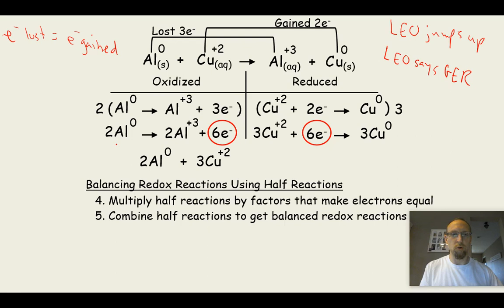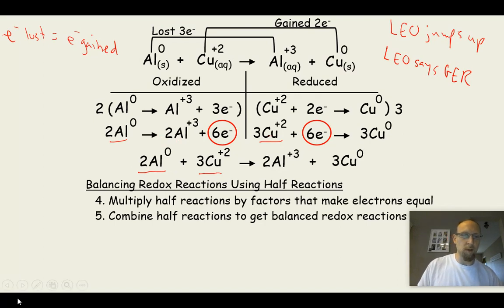So 2 Al0s on the left of the arrow, 3 coppers becomes 2 Al plus 3s plus 3 coppers. So we're taking things from the left side of the reaction and putting it back together, right? And then we're taking things from the right side of the arrow and putting those back together.